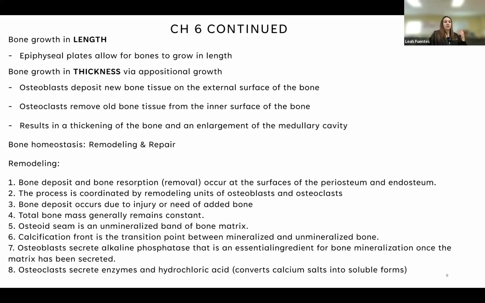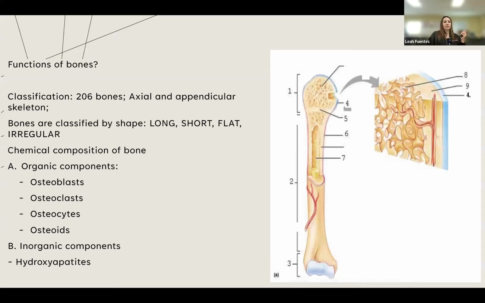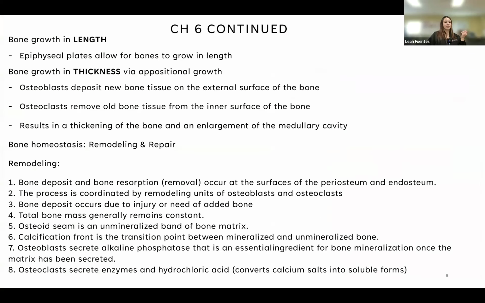Then we have the osteoclasts, removing old bone tissue from the inner surface of the bone. And then this results in a thickening of the bone and an enlargement of the medullary cavity, which we talked about, labeled number 7 here. I'm not sure how well you can see that, but that's where the yellow bone marrow is.